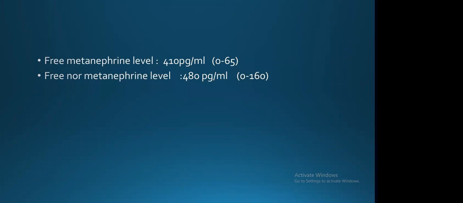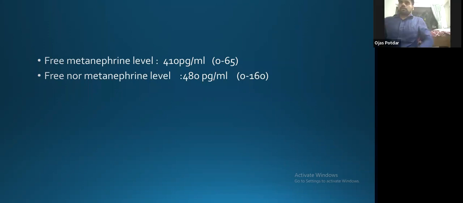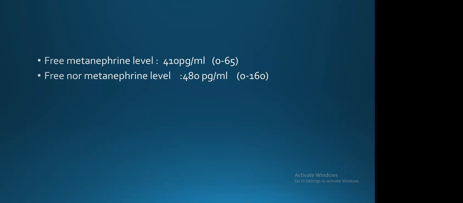So, Ojas, if you are planning open surgery, what will be your incision? In this case, it's a large mass. I would like to go ahead with a midline incision, sir. So for a 7 centimeter mass, midline incision would be preferable. Any options?